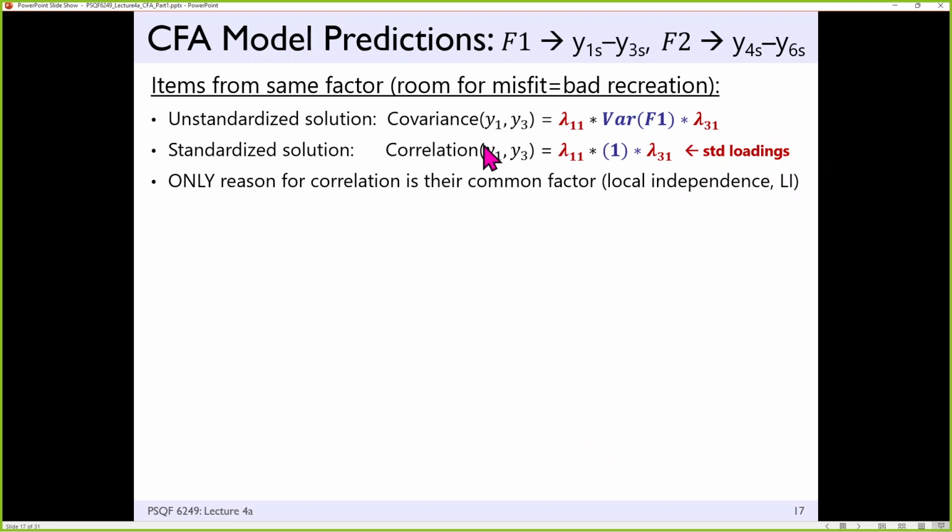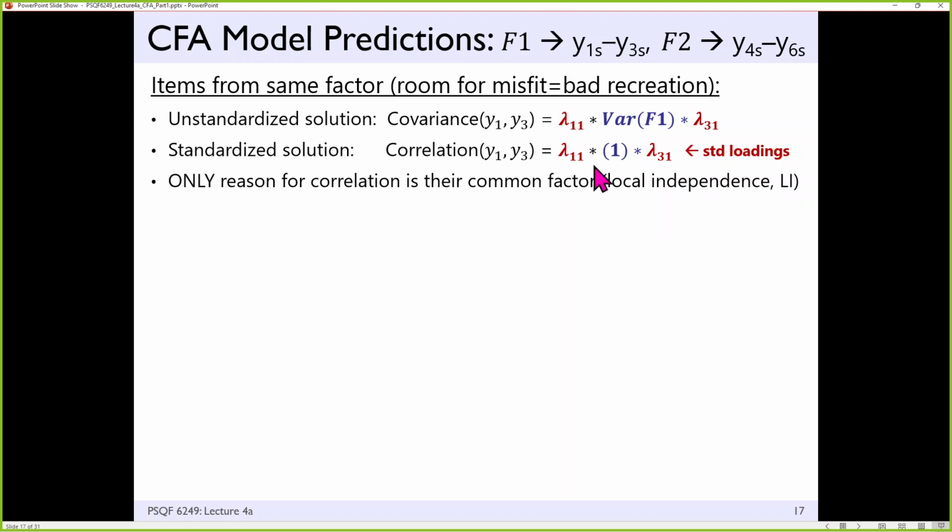Okay. So then putting that in the context of two different solutions in terms of what the model is supposed to do, the unstandardized solution, if I have the covariance between 1 and 3, for instance, that are on the same factor, this is the pattern, this is how it gets created. If I have the correlation between them, I replace the unstandardized loadings with their standardized counterparts, and I replace the variance of the factor with 1.